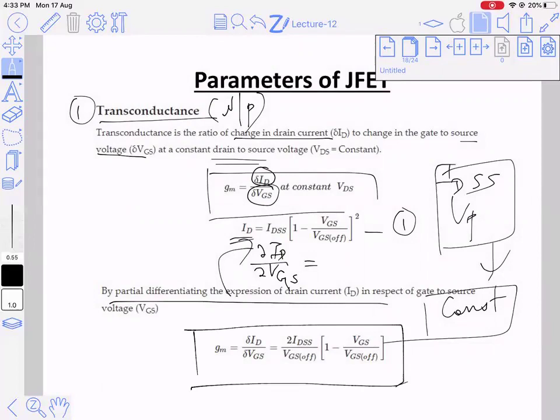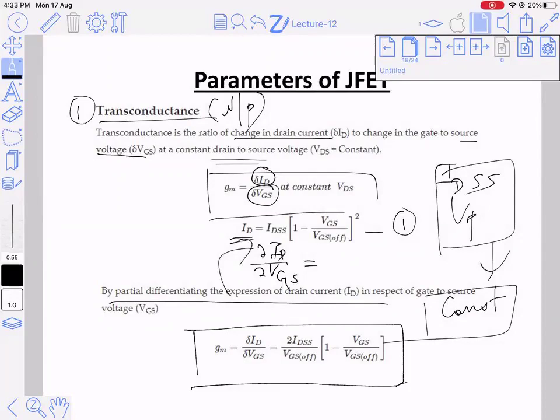Transconductance is the inverse of resistance, so it has to be a positive value. So we have to take modulus. Though we are getting minus 2 IDSS by VP, we have to take its modulus. It's 1 by resistance, so please note that.